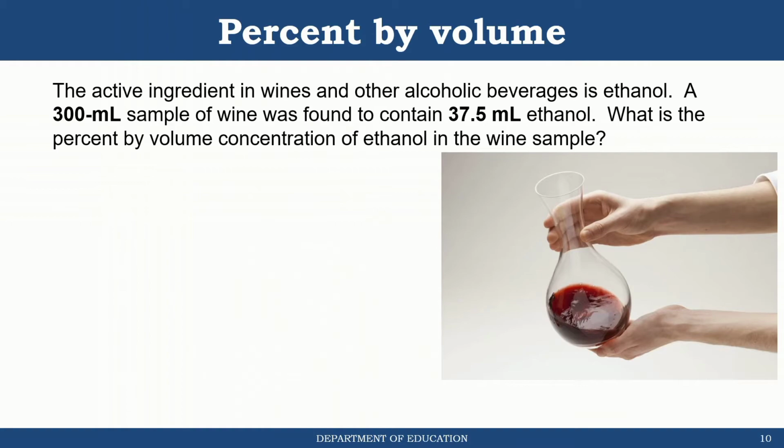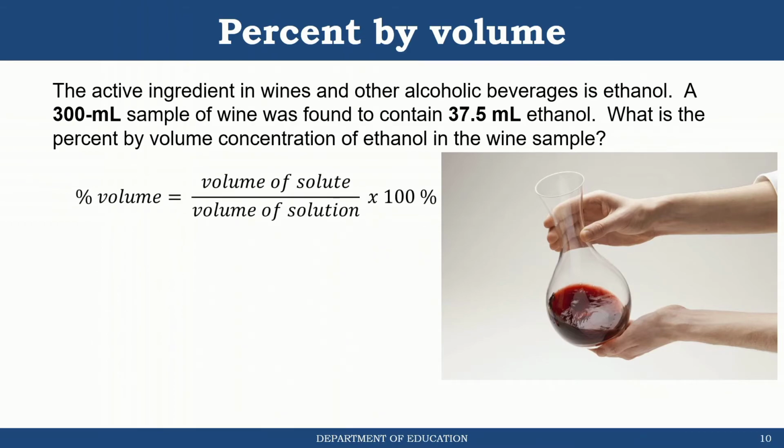For example, the active ingredient in wines and other alcoholic beverages is ethanol. A 300 ml sample of wine was found to contain 37.5 ml of ethanol. What is the percent by volume concentration of ethanol in the wine sample? Our solution will be percent by volume is equal to the volume of solute divided by the volume of solution times 100%.